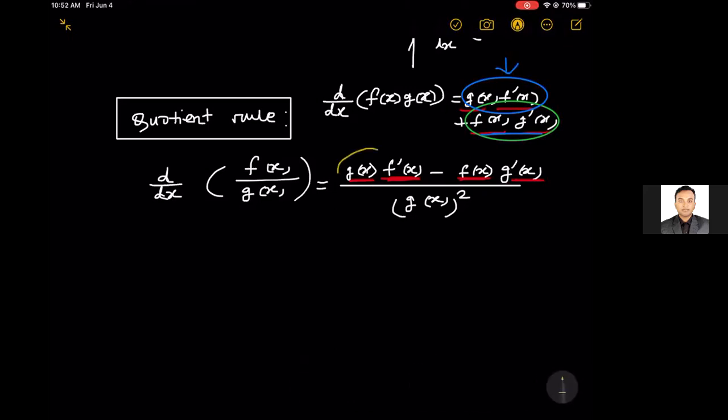You have to do this part first and then subtract this part from it. This order has to be maintained. That means you keep the denominator and find the derivative of the numerator first, and then subtract the other: keep the numerator and find the derivative of the denominator. And you can clearly understand why.